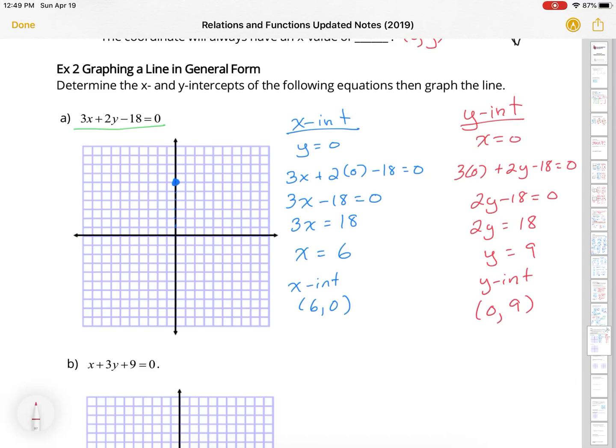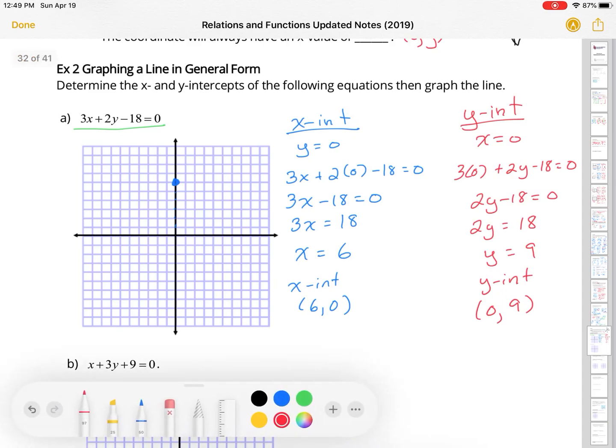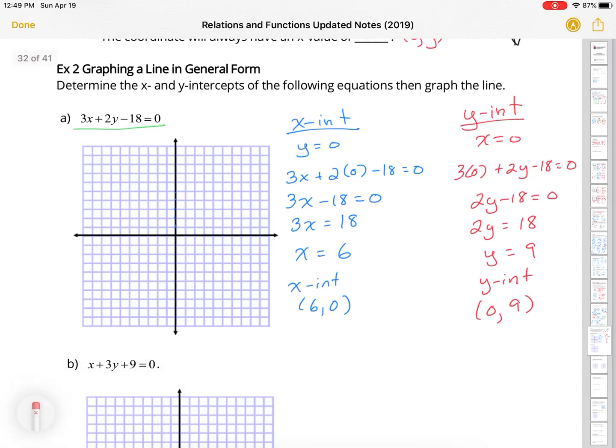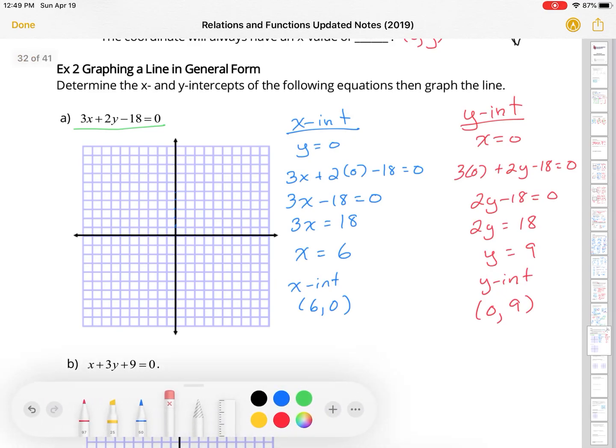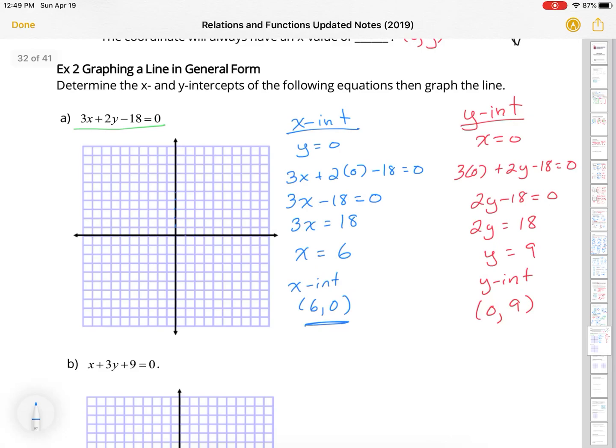I realized that, did I plot that point incorrectly? Yes, I did. That is not there. Now let's plot them. You're probably all saying, Mrs. Finley, I'm confused. X-intercept is 6 comma 0, so we count 6 for our x right there.